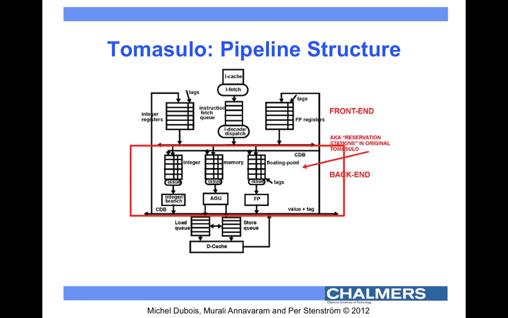So in this particular example, there is an integer execution unit, a memory operation execution unit, and a floating point execution unit. But you could think about any other kind of setups here. It's a very general kind of structure, layout.